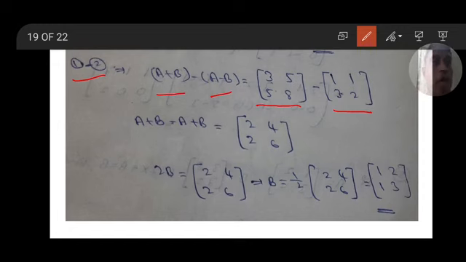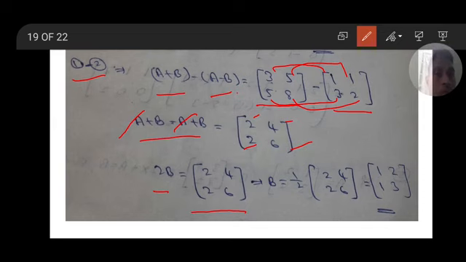Then minus A plus A cancel, and B plus B is 2B. On the right, 3 minus 1 is 2, 5 minus 1 is 4, 5 minus 3 is 2, 8 minus 2 is 6. So 2B equals 2, 4, 2, 6, and B equals 1 by 2 of that, every element multiplied by 1 by 2: 1, 2, 1, 3 is the answer.